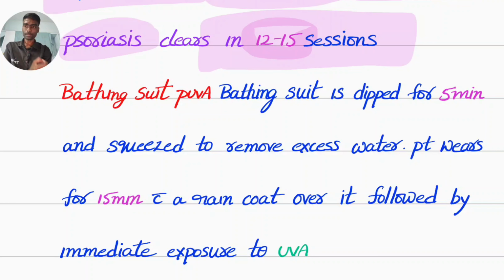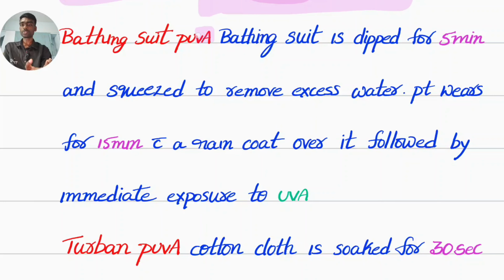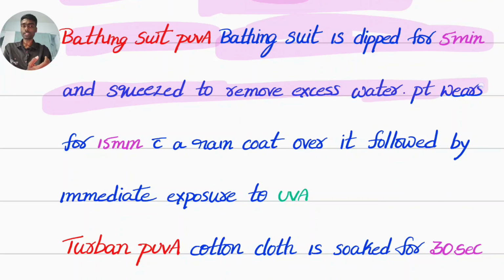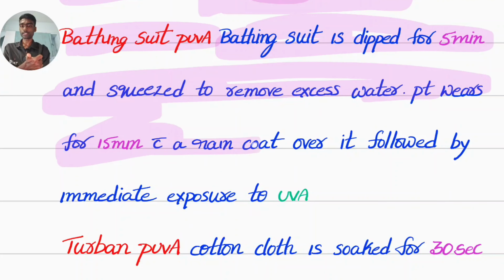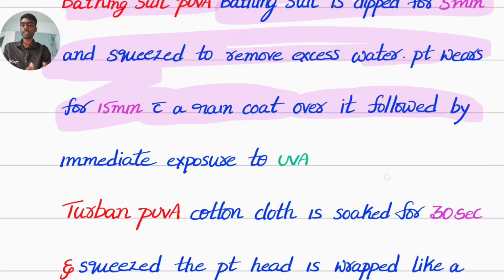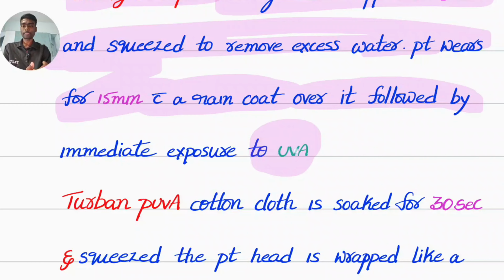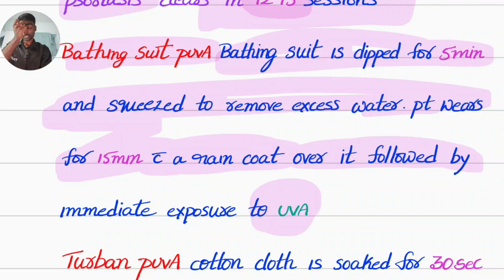In the Indian setup, what we can do is bathing suit PUVA. A bathing suit is dipped for 5 minutes and squeezed to remove excess water. Then the patient wears it for 15 minutes with a raincoat over it. Why? To prevent evaporation, followed by immediate exposure to UVA. Here, what is the concentration? Same.